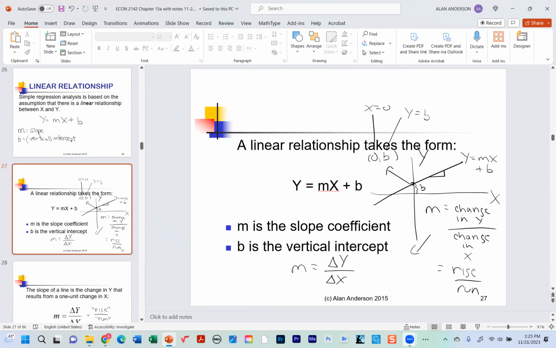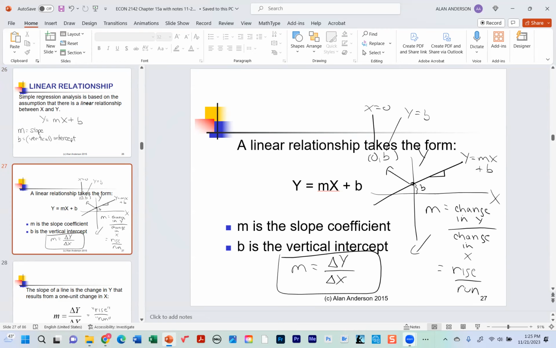And then the slope. The slope is the interesting one. This is the one that we normally are interested in. It's very rare that the intercept is very important, but you never know. But here our focus will be on the slope, and the slope is defined as the change in y over the change in x. Formally, it's written as delta y over delta x.